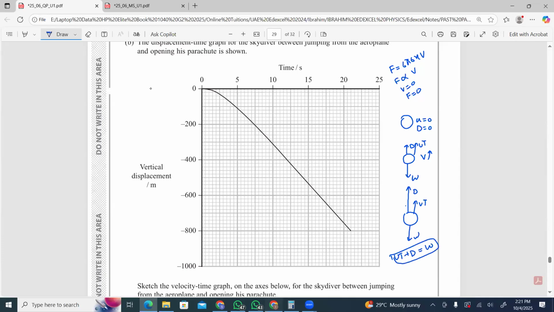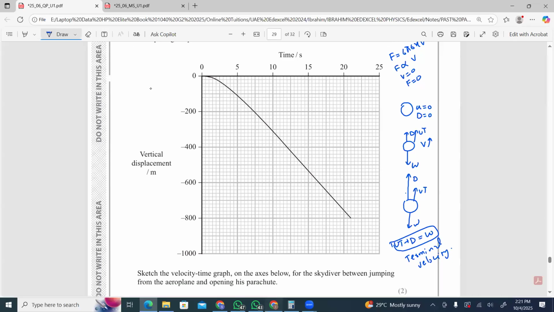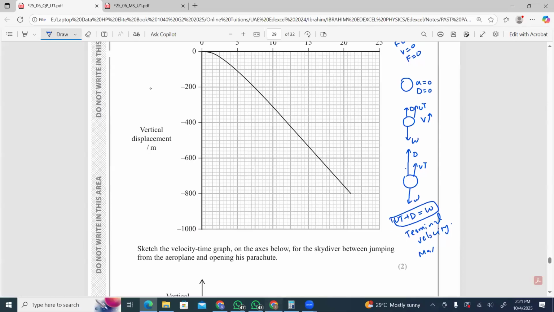So at this instant, the body will obtain terminal velocity, and that velocity is always maximum. So that is the instant when drag plus upthrust together become successful in cancelling out the weight. So when all the forces acting on the object become 0, the object moves at the terminal speed.